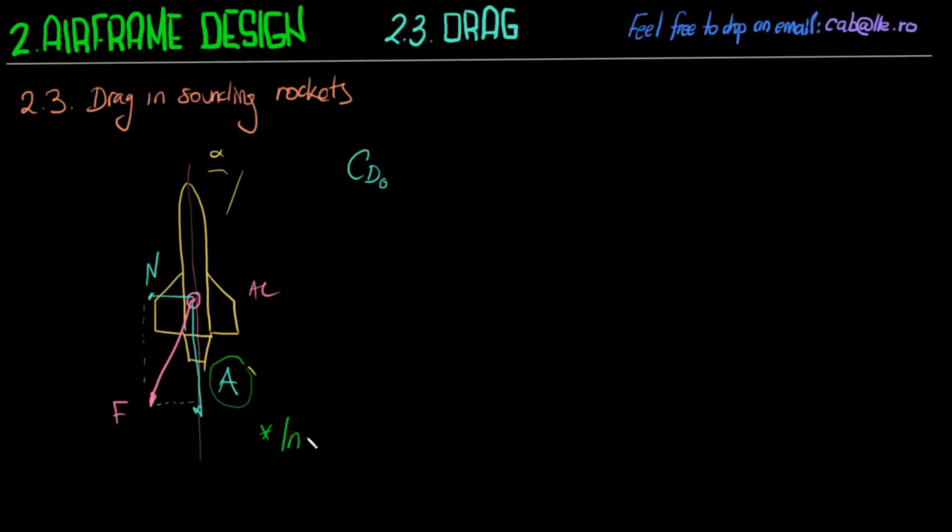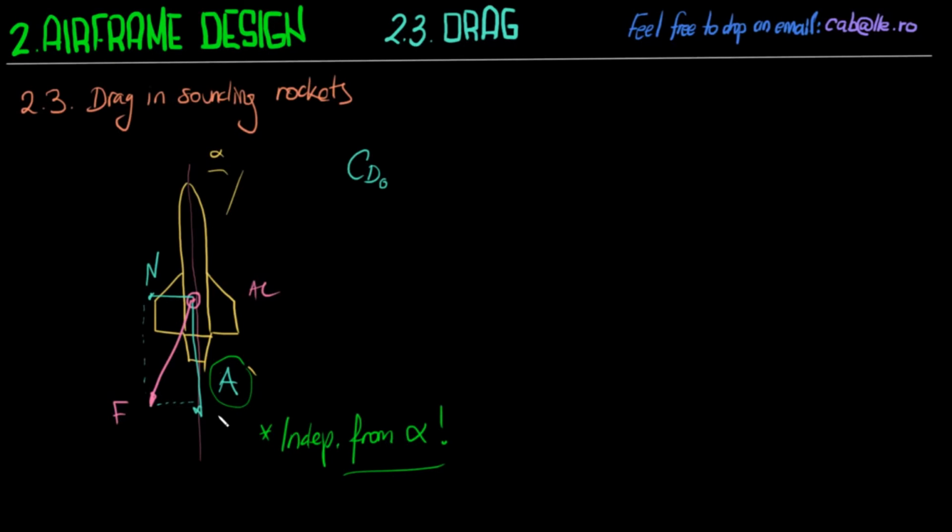it's independent from alpha. That's a very important thing to note, and it seems counterintuitive. If a rocket is flying at a certain angle of attack, it should have more drag, right?